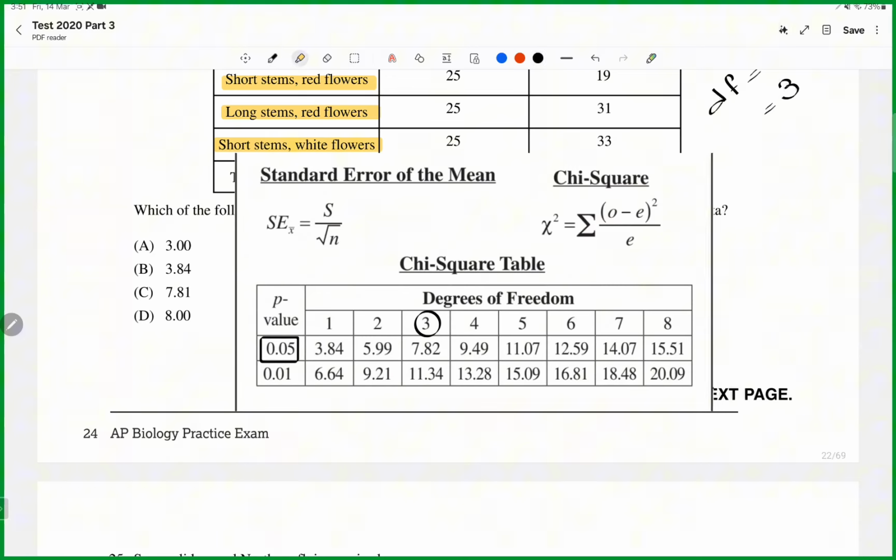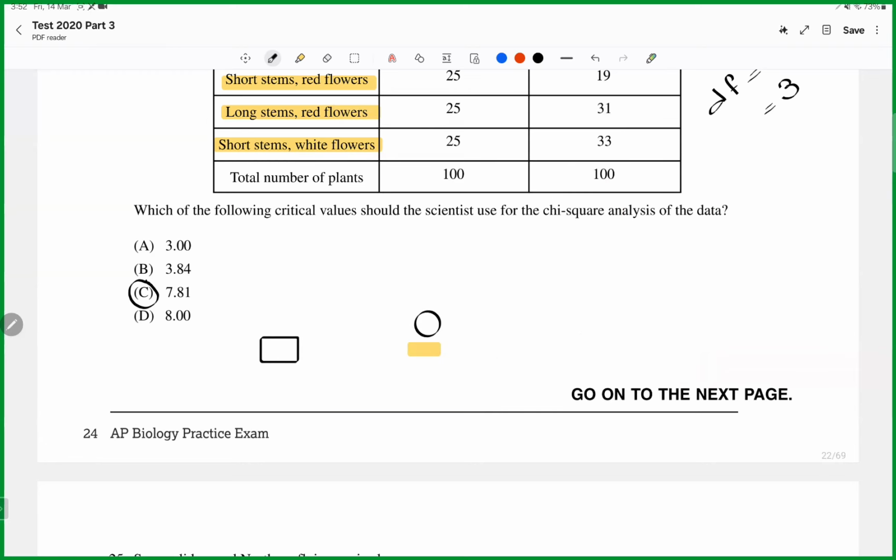You will get 7.82 as the critical value. That's one of the aspects of the chi-square. So the answer is going to be C, the closest. That's the rule.